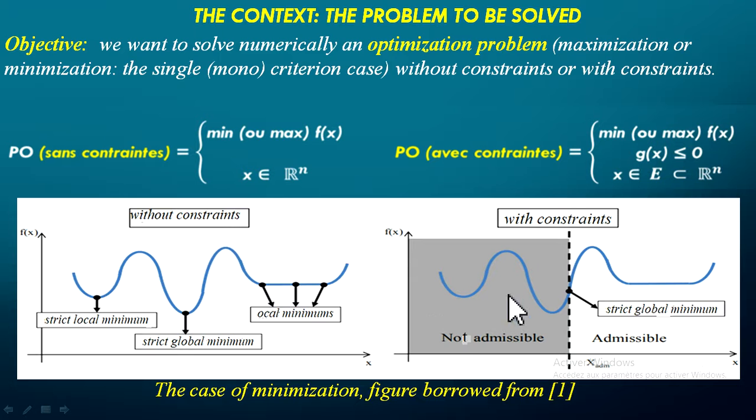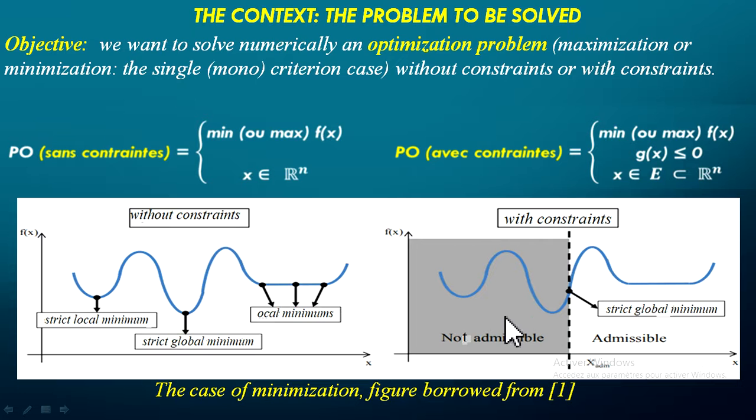In the second illustration, we have an OP, or optimization problem, with constraints. So we have the objective function, minimum f of x subject to constraints, illustrated in the algebraic form with g of x in this equation.